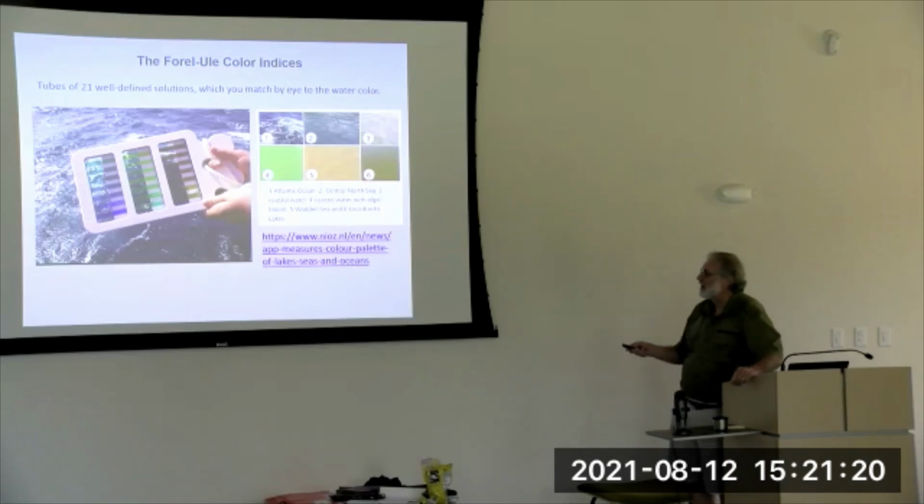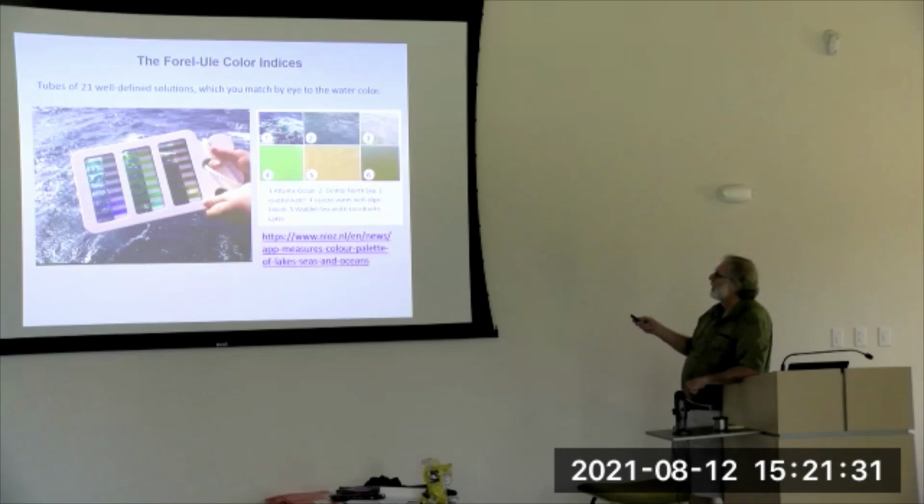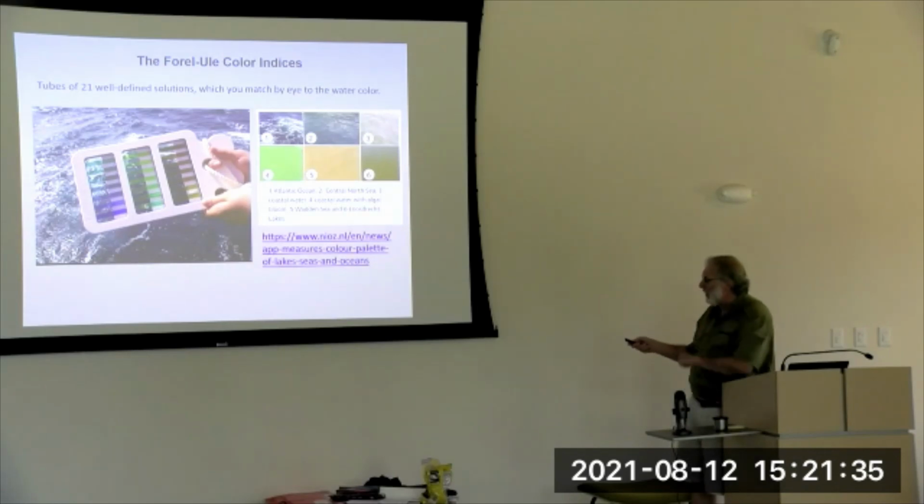And it also prints out the Forel-Ulla index, which I can compute given the other things. And so you go from very blue water up to green, yellow, brown with these different indices. And people use this, it's worthwhile.